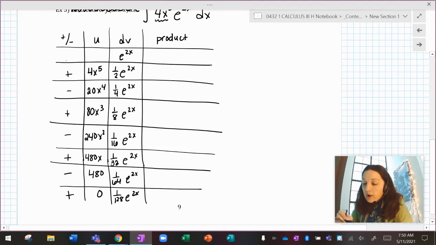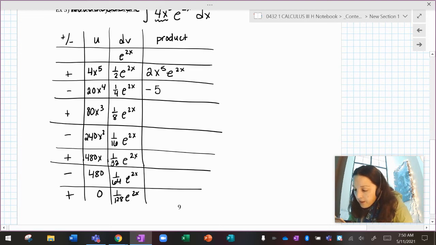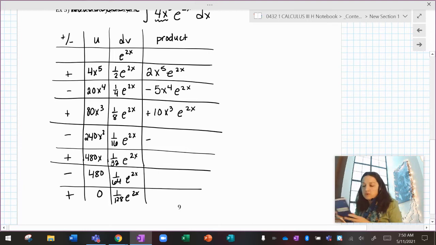Okay, now I do my product. Again, skip the first row. So 1/2 times that is 2x to the fifth e to the 2x. And then negative 5x to the fourth e to the 2x. And then positive 10x cubed e to the 2x. And then negative, let's see, what's 240 divided by 16?